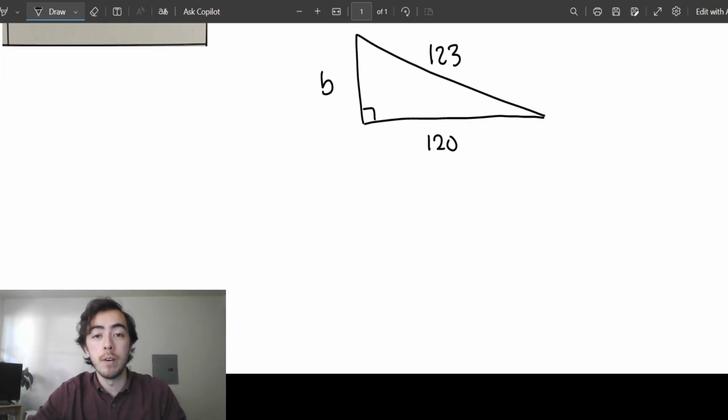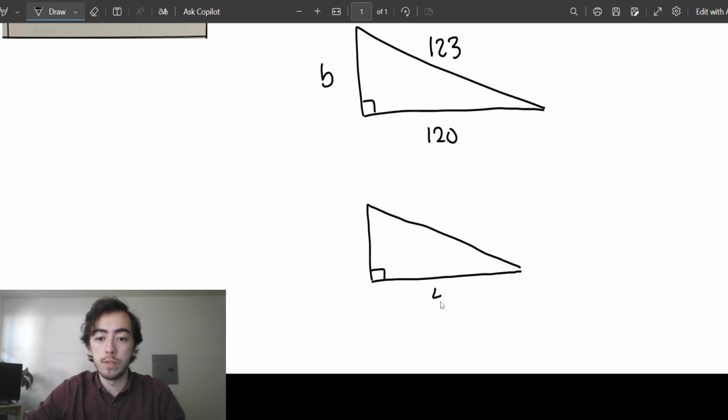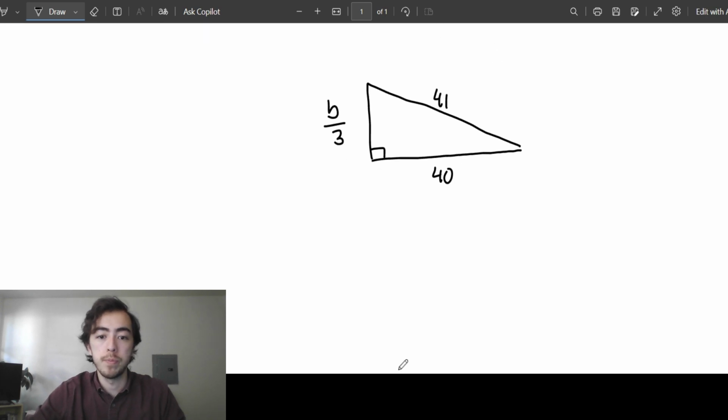One thing I do know about these kinds of right triangles is that they're proportional to other triangles as long as you use the same scale factor to go between the triangles. I notice that both 120 and 123 are divisible by 3. So 120 divided by 3 is 40. 123 divided by 3 is 41. And so I guess this length right here would be b over 3.